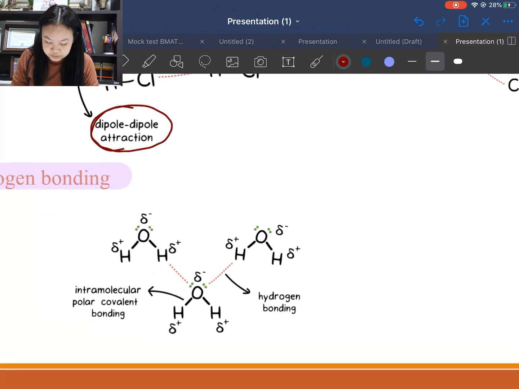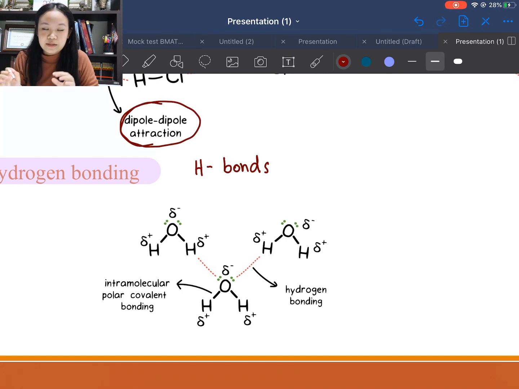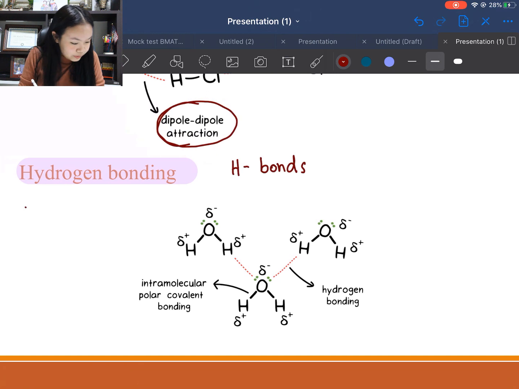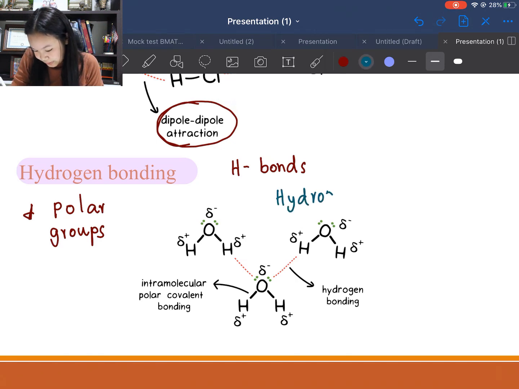Well, hydrogen bonds, or another word we call it H bonds. This will give some kind of polar and polar. So I'm going to note it there. It is a connection between polar groups. So polar and polar connected together form a hydrogen bond. But not just polar. It has to be hydrogen connected to an EN, again, electronegativity. What are those?